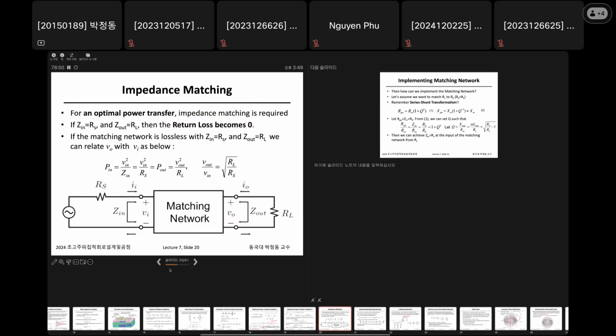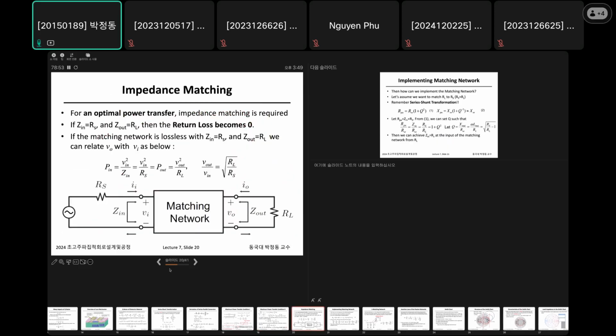All right, let's take a look at impedance matching. For an optimum power transfer, we observe that conjugate impedance matching is required. Let's say Zin is matched to RS and Zout is matched to RL.